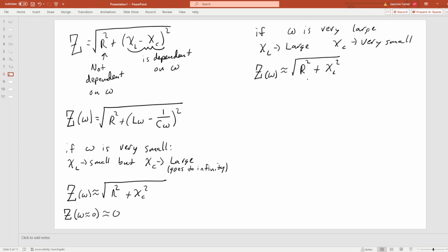And so, once again, if omega is large enough, then chi sub L will approach infinity. Oops, I didn't mean that the impedance here is 0. I meant that the impedance is nearly infinite. It's the current that will go to 0. So let me correct that.